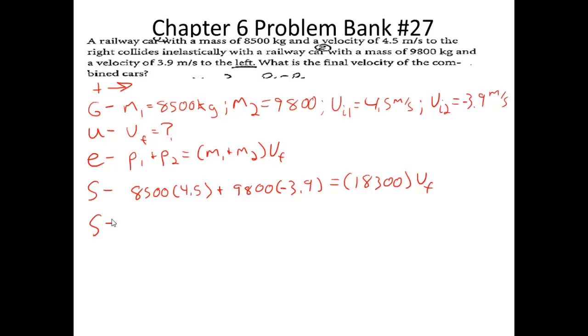And we get 30, and this is a positive 30, so we know that our momentum is still going to the right.